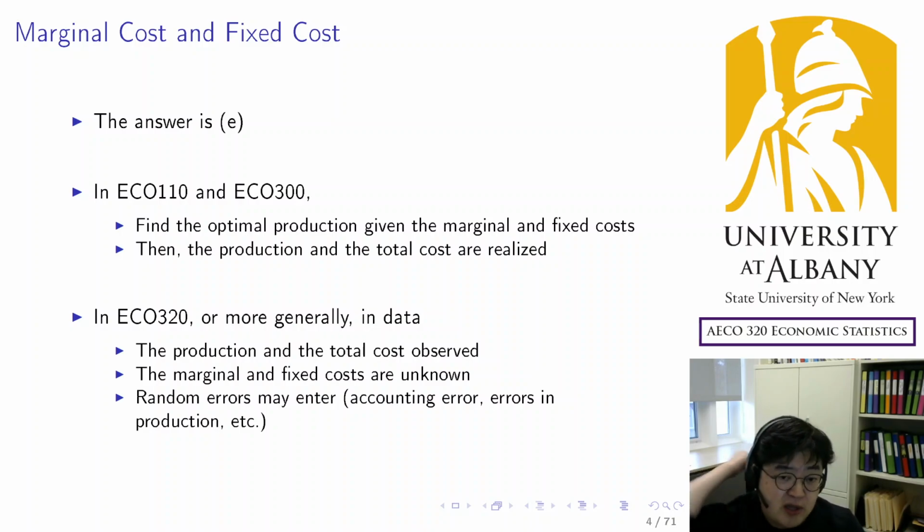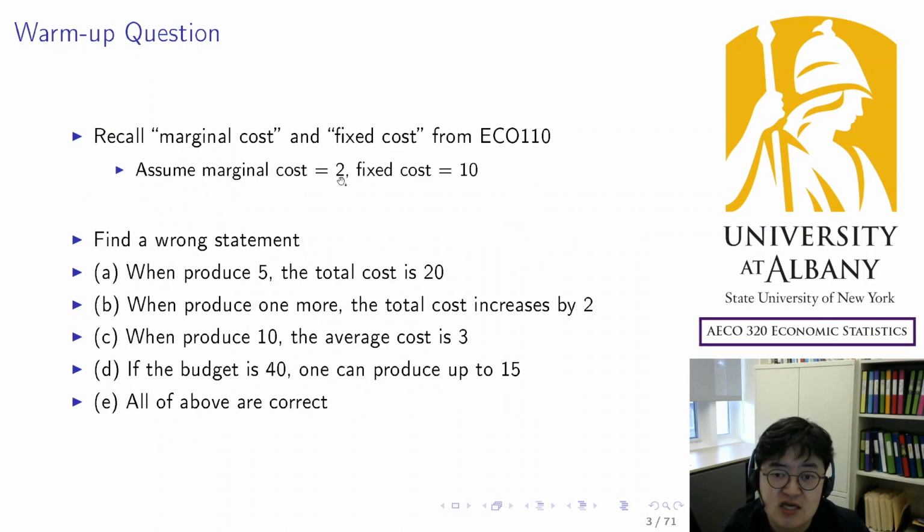And additionally, what you need to worry about is random errors, right? Sometimes you may make accounting errors, like misspelling a number, or you may make defective products that you have to discard. They are errors that happen by chance. So, considering all these problems, the first step you have to do is to estimate these numbers, these parameters.